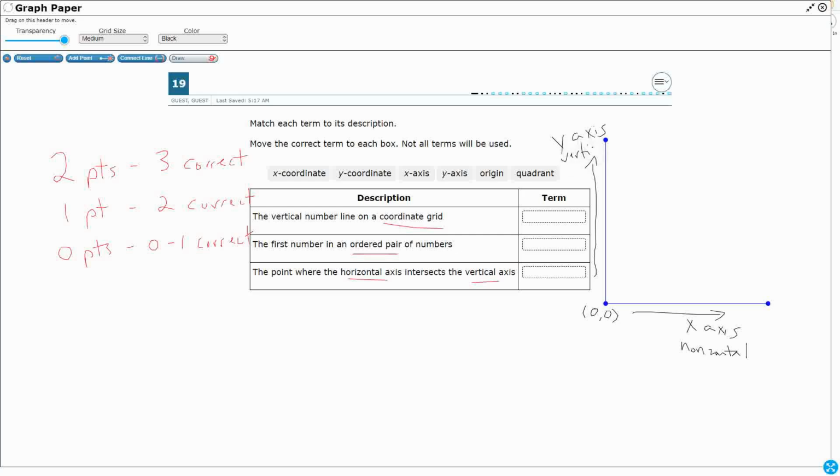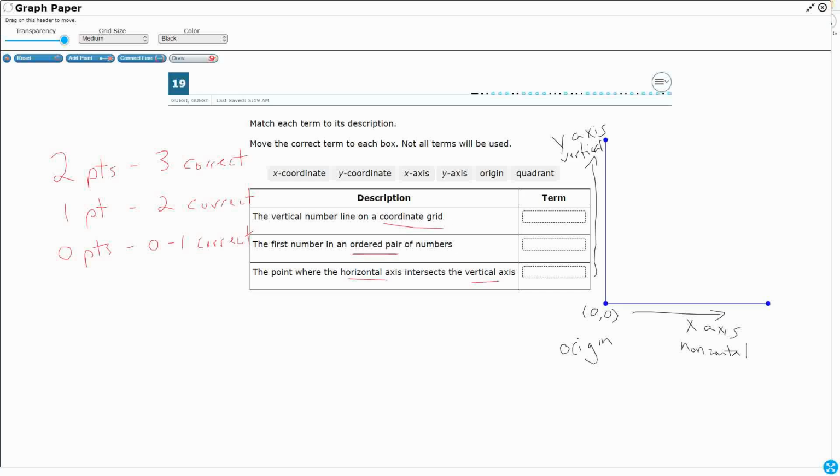Now, one thing to keep in mind is that where the x-axis and the y-axis meet actually has a special name. It has the coordinates of 0, 0, but it is also called the origin. And think about origin as where something begins or where something comes from. And so the origin is where the two axes meet, and that's where the numbering begins.